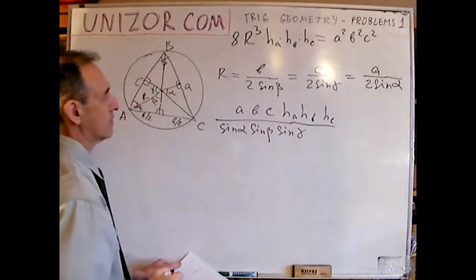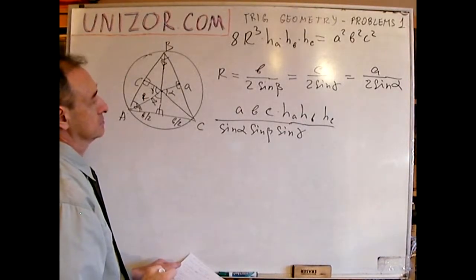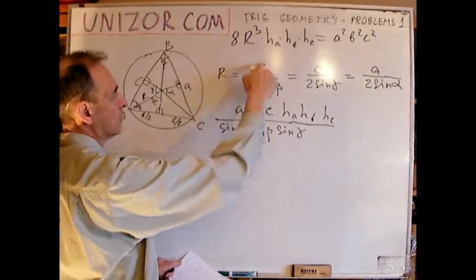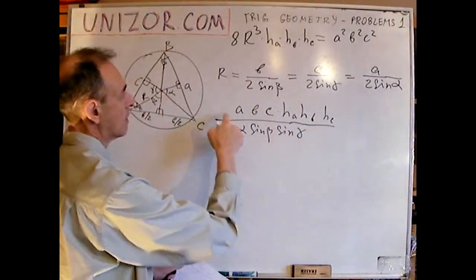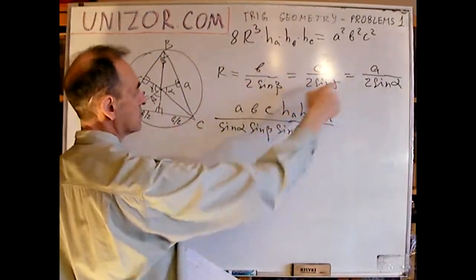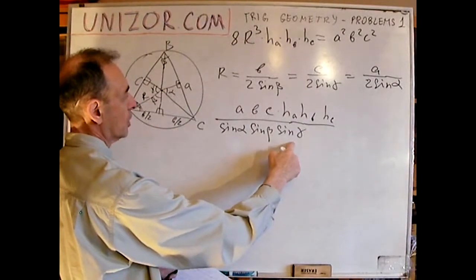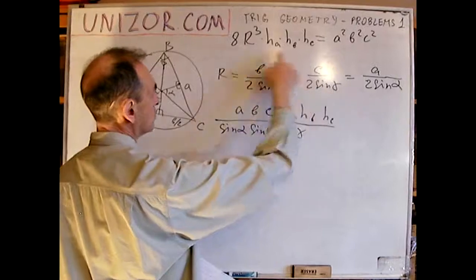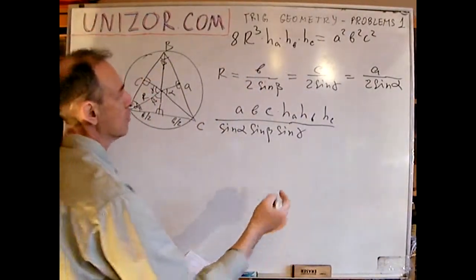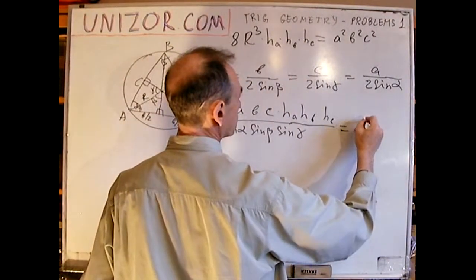So that's what I will have on the left. So instead of R cubed, I put this is R, this is another R, and this is the third R. This would give me ABC on the top, and the product of sines on the bottom, and the 2 by 2 by 2, this 8 will be reduced to 1, and I have to prove this.